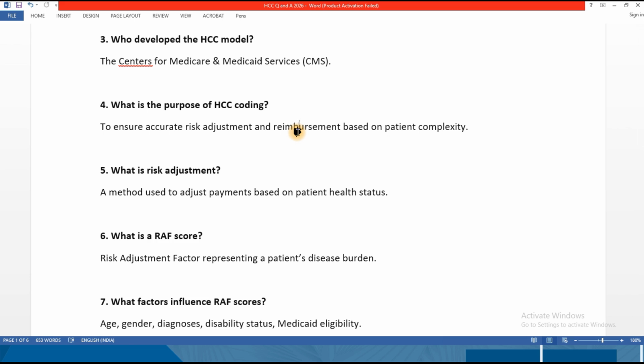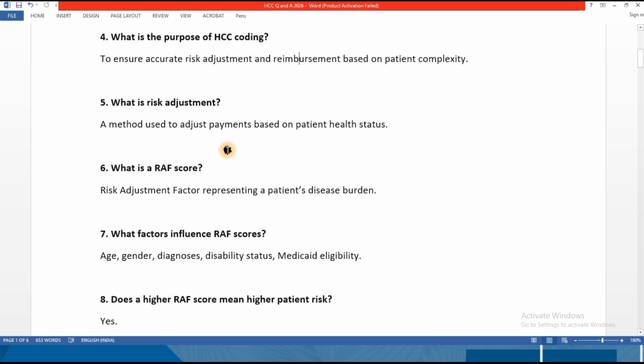If the patient has fewer conditions, less reimbursement. If the patient has more conditions, as the physician needs to provide more treatment or more service, the physician will get more reimbursement. Okay. So what is risk adjustment? A method used to adjust payments based on patient's health status.